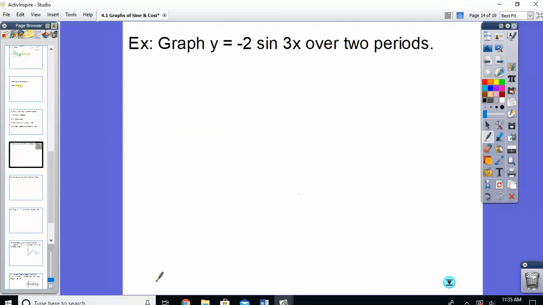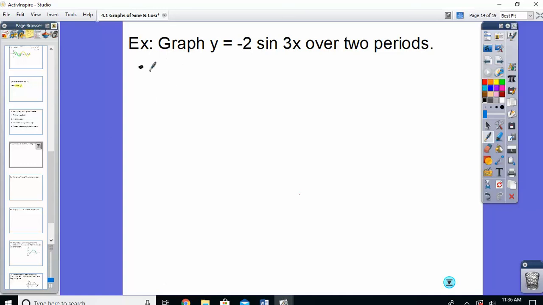So now we're going to just start graphing these things. To graph this over 2 periods, the first thing I want you to do is list the amplitude.